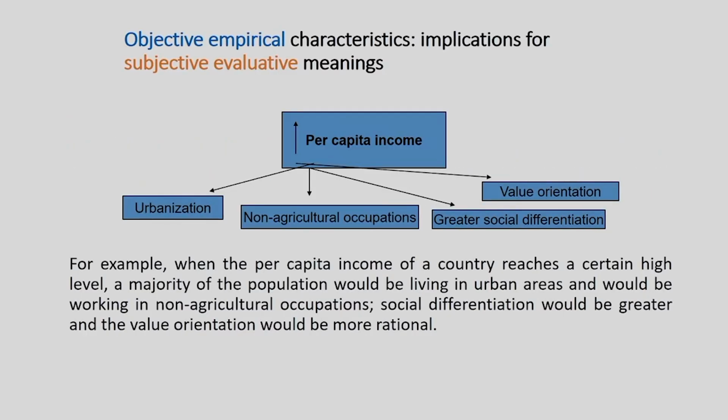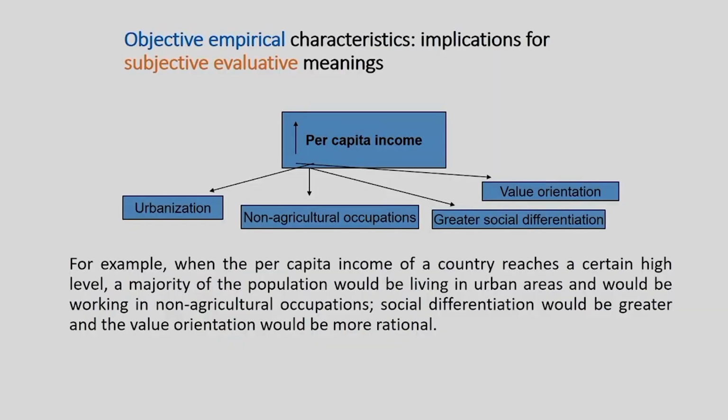Now, please do not think that subjective evaluative perspective and objective empirical perspective constitute some kind of a dichotomy. No. There are certain objective empirical characteristics which have significant implications for subjective evaluative meanings.